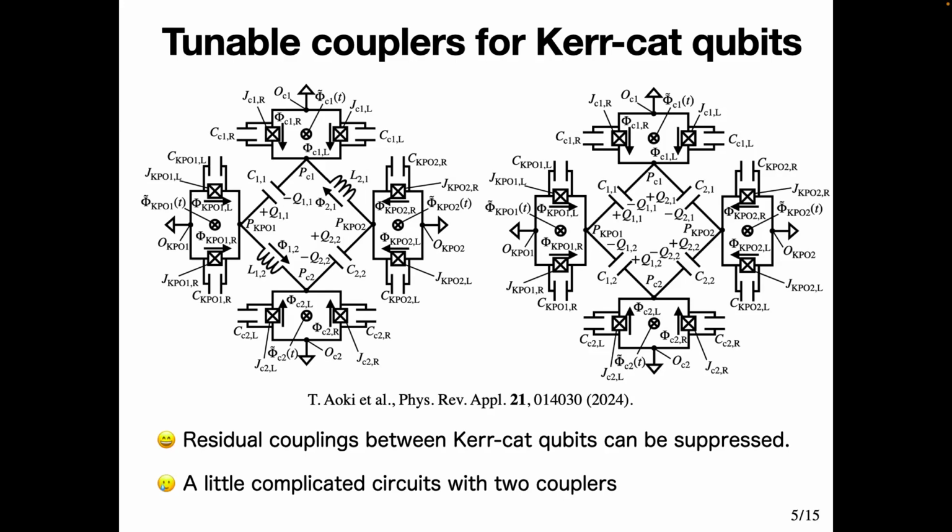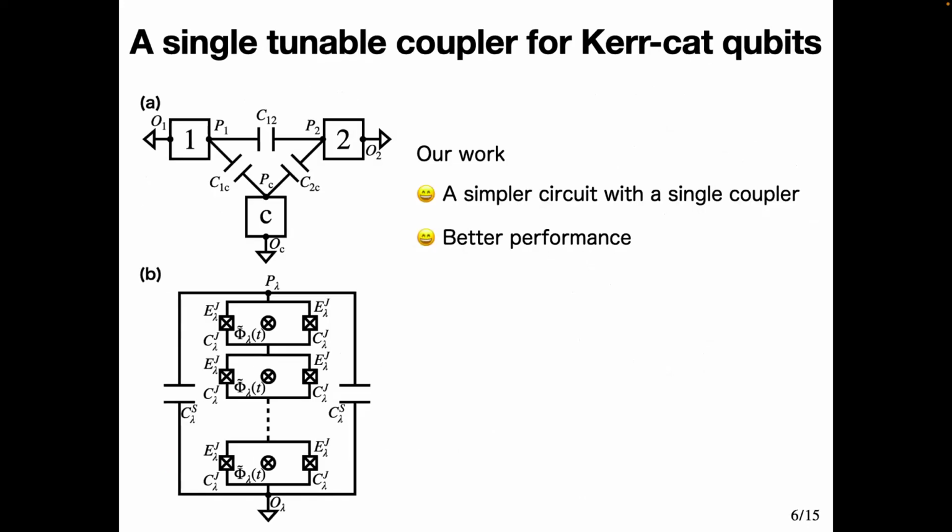But as you see, these circuits are a little complicated with two couplers for two Kerr-cat qubits. So here we propose a simpler circuit with a single tunable coupler for Kerr-cat qubits.